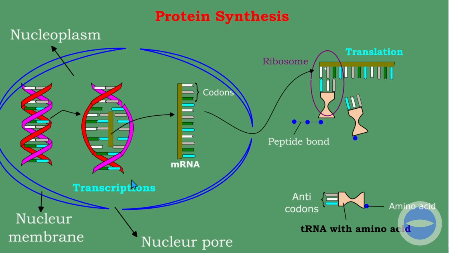So you will be asked during the examination to explain the transcription, then you must explain it. And then we've got translation. Translation is when tRNA carrying amino acid bonds with mRNA with the help of ribosomes, to produce the proteins. So transcription takes place in the nucleus, translation takes place in the cytoplasm.